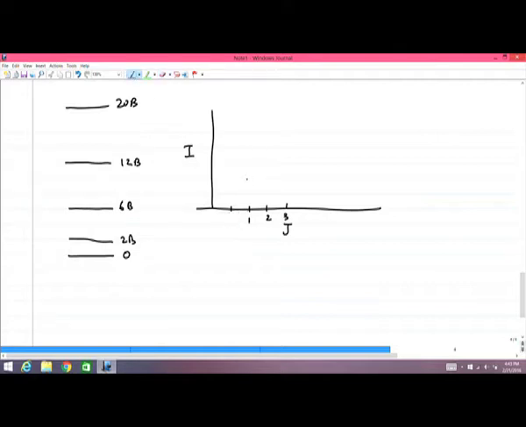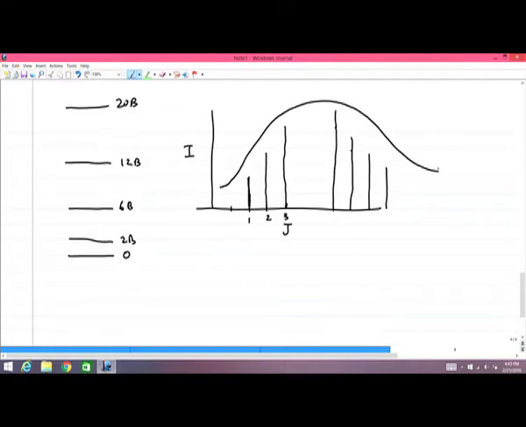Start with 1, with respect to 0 this is some number, 2 increases, 3 increases, and so on. But after some J, when it reaches a maximum, it starts becoming less and less. So, what you see is that the microwave intensities are like an envelope, increasing, with a maximum for some value of J.